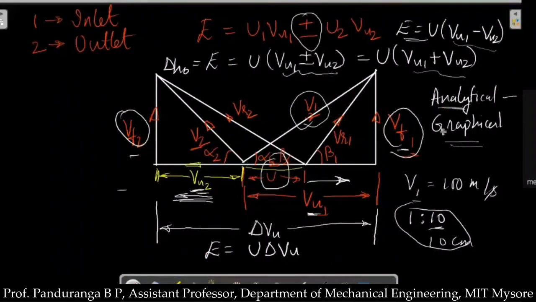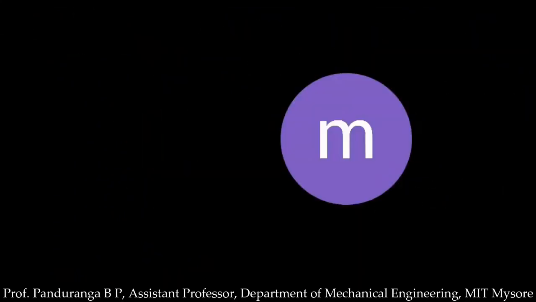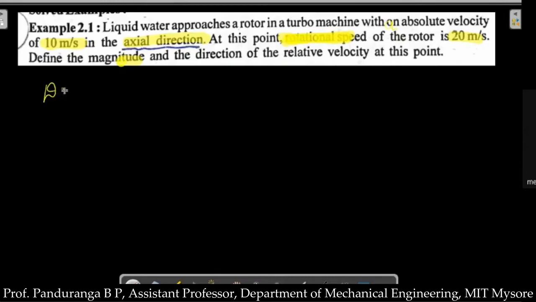First we will solve problems with the analytical method. After a few days we will solve problems with the graphical method. The given data here are two. One is the absolute velocity at inlet, that is V1. V1 is 10 meters per second and it is in the axial direction.